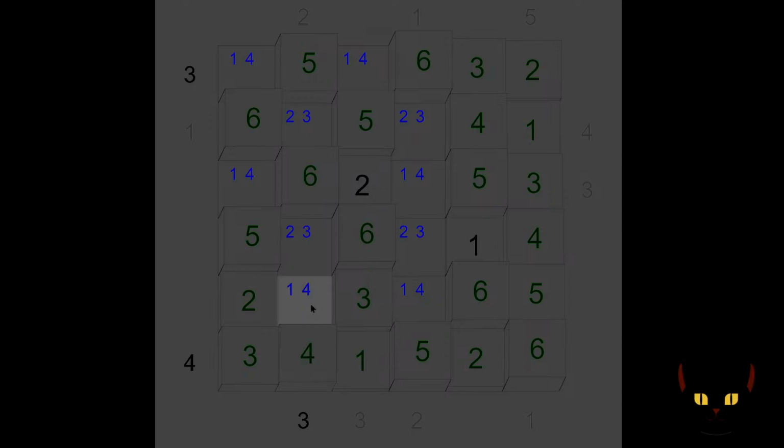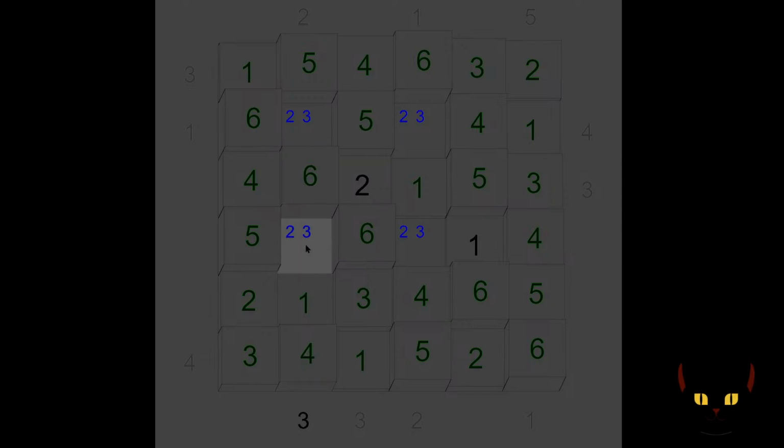So that gives us 4 and 1 and 4. So that clue was used up, and that clue was used up. So it's just this one, a 4 and a 6.